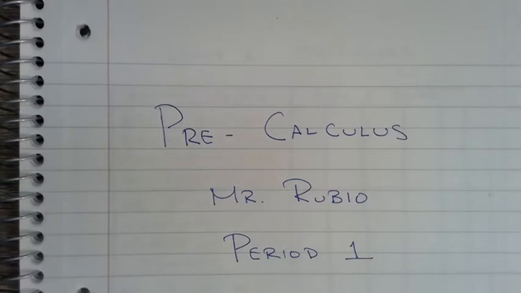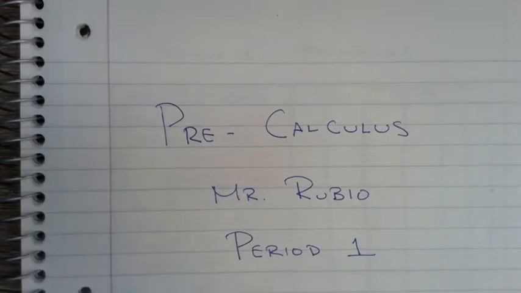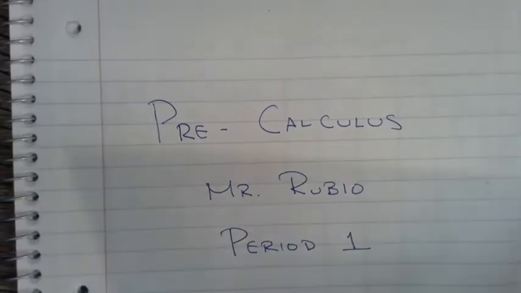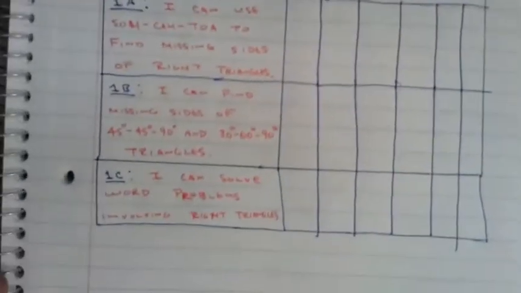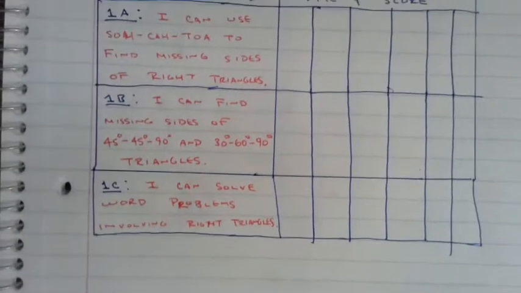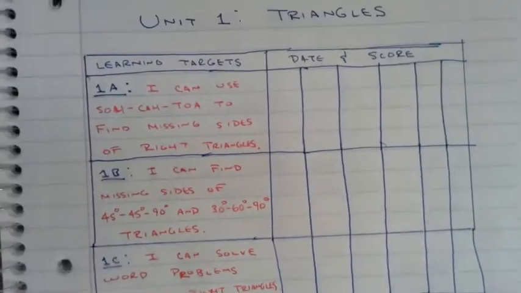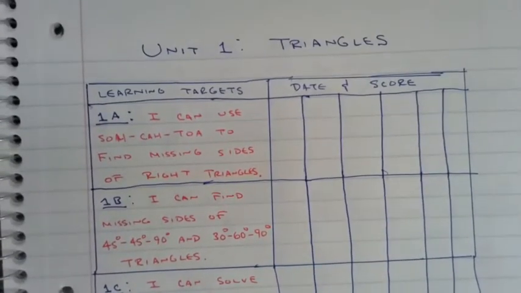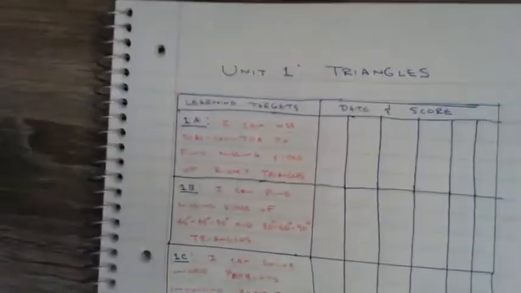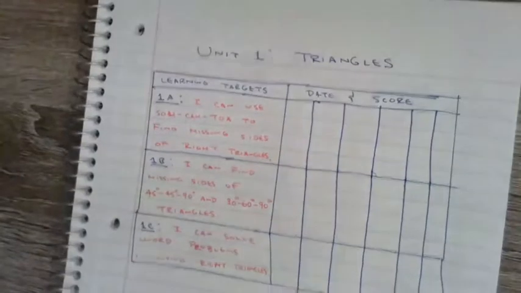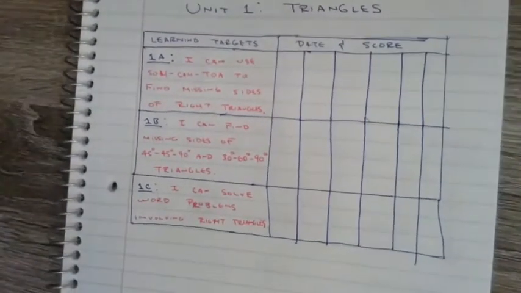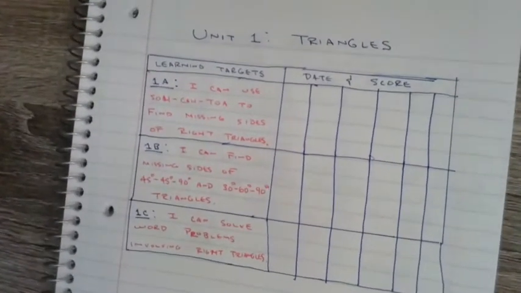Now that you've written that, we're going to flip to the next page, and on the next page you're going to see a rubric. I'm going to zoom out. This is where we write our learning targets.